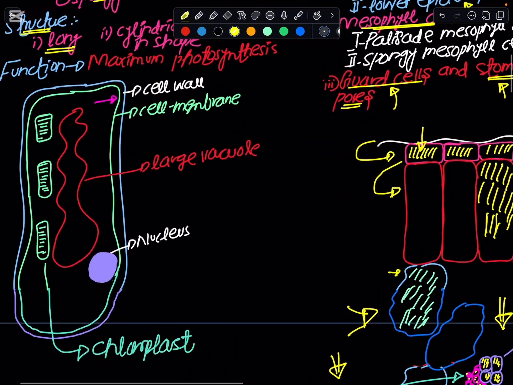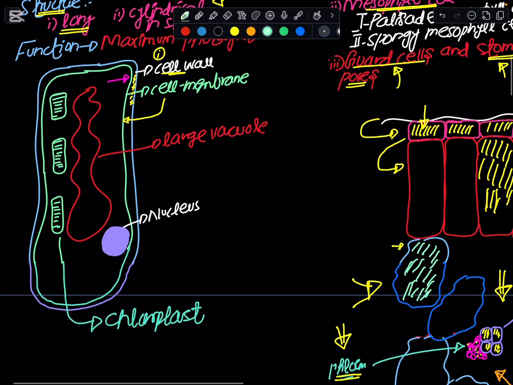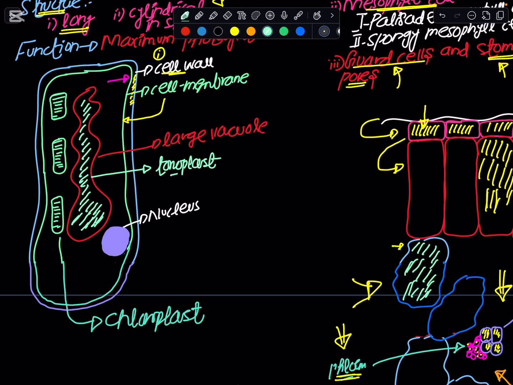And here comes a diagram of this palisade mesophyll cell, as is the case with all plant cells. On the outside we have the cell wall, and when I go below the cell wall, we have the cell membrane, and then at the center we have this large vacuole, and the large vacuole, you know from the previous classes, has a solution filled in it, which is the cell sap, and the membrane of the large vacuole of this palisade mesophyll cell we give a different name, and the name is tonoplast.